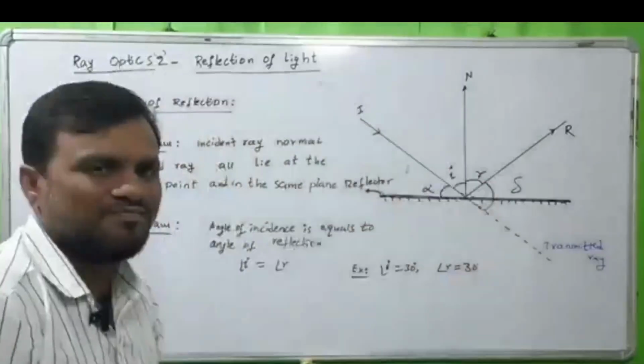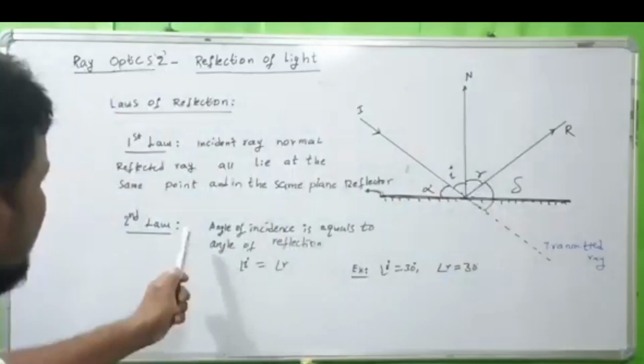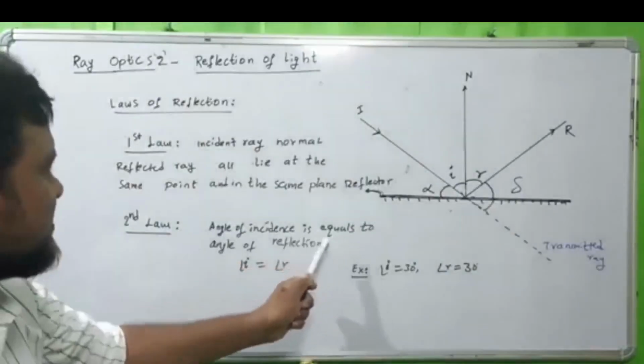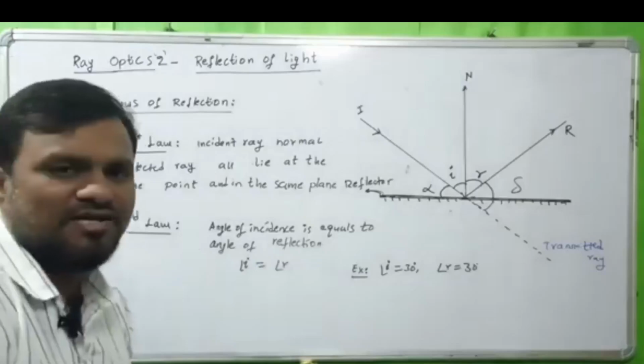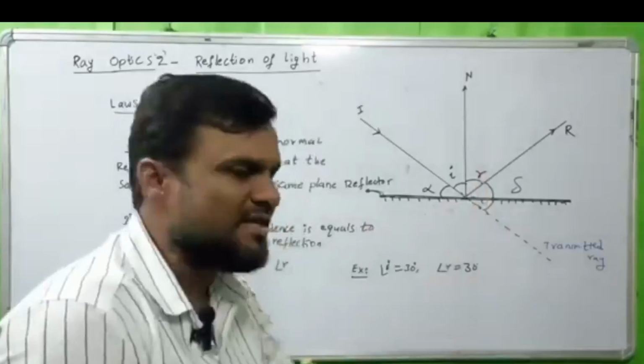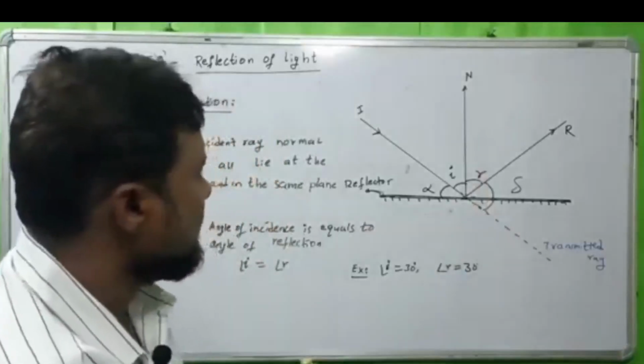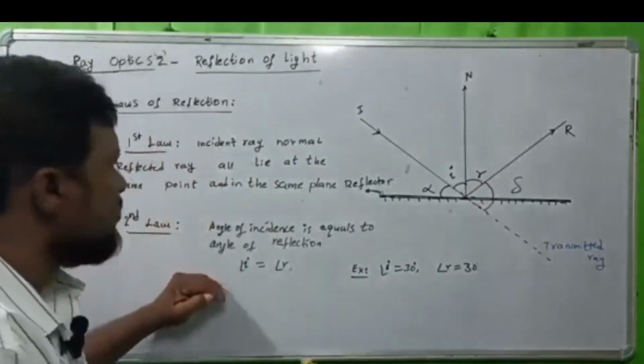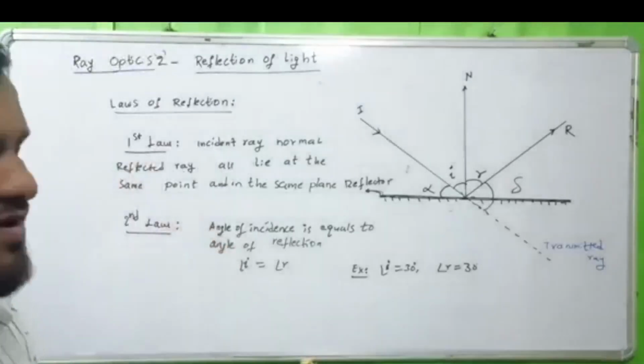These two are equal according to the laws of reflection. If I is 30 degrees, then R has to be 30 degrees. So these are the two laws in case of reflection.